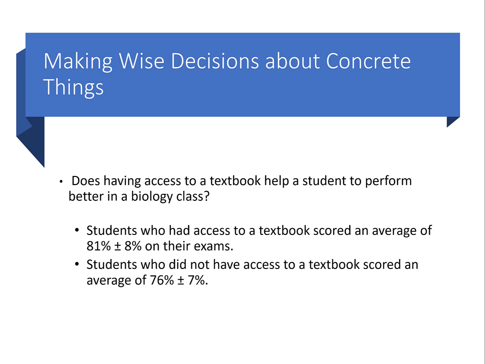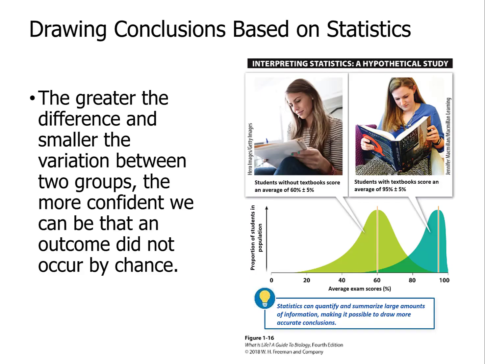Students that had access to textbooks scored an average of 81. Students that didn't have access scored a 76. So plus or minus 7%, which 10% would be 7.6. So we're looking at really the error is kind of overlapping a little bit there in my view.